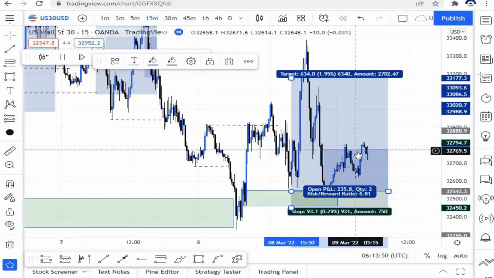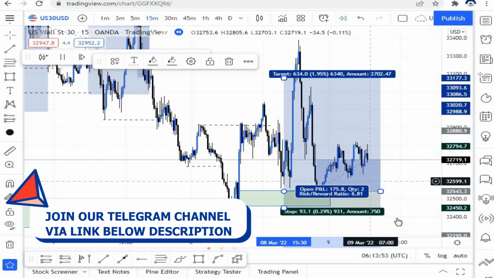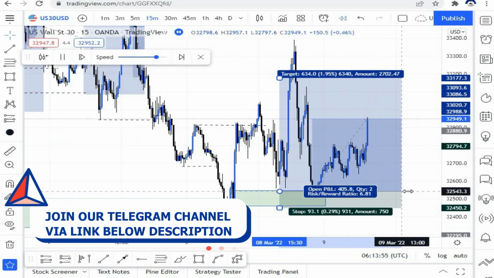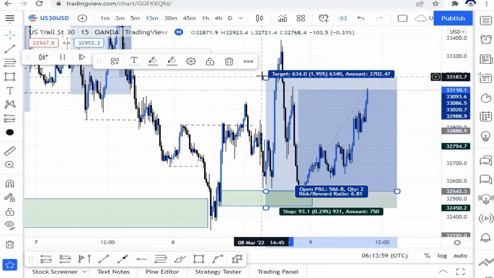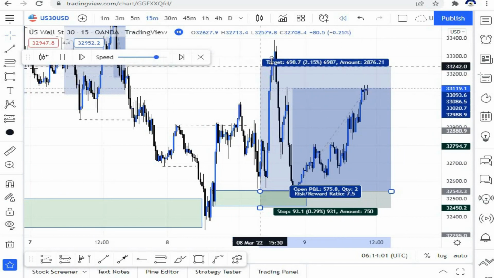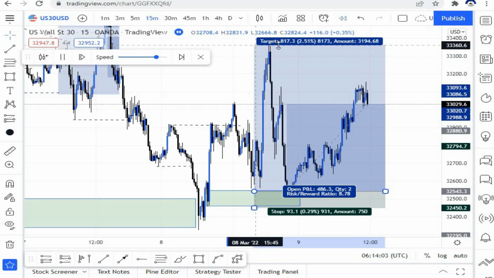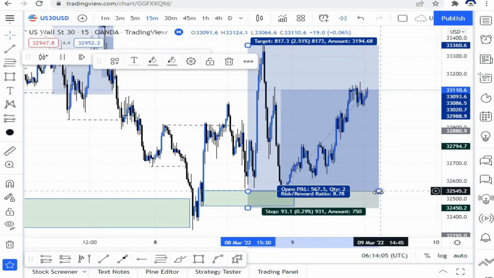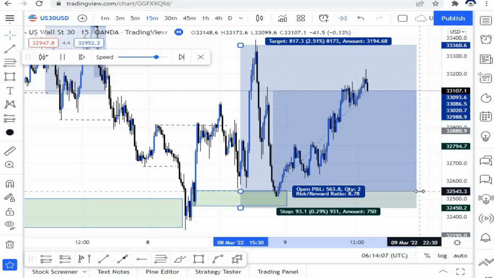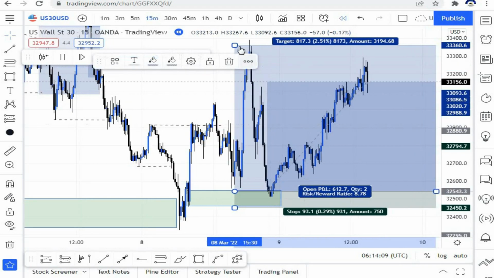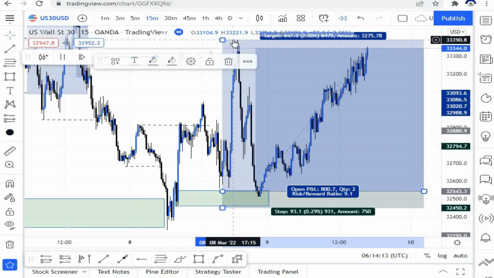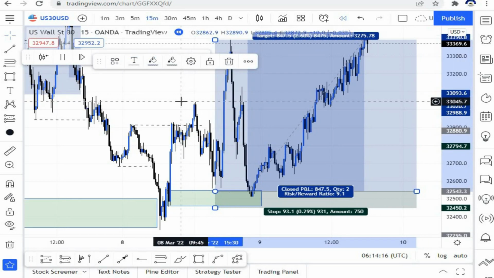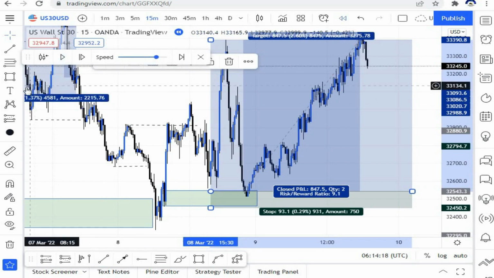They are still going way up. So now let's see if price will respect this demand. As you can see, they are going up. You can even use this high, because that's a new high which was created, right? As you can see, our take profit was going to be smashed.